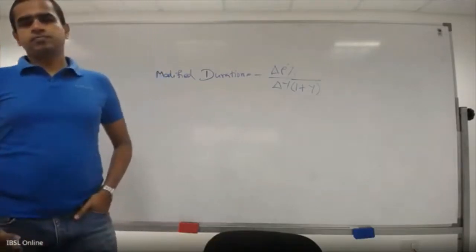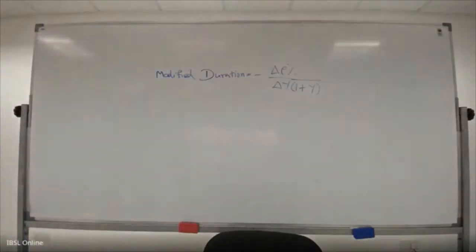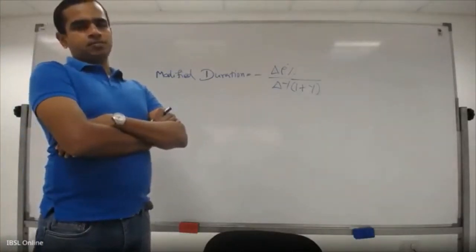Let's try this. If a bond's yield rises from 7 to 8% and its price falls 5%, you have to calculate duration.